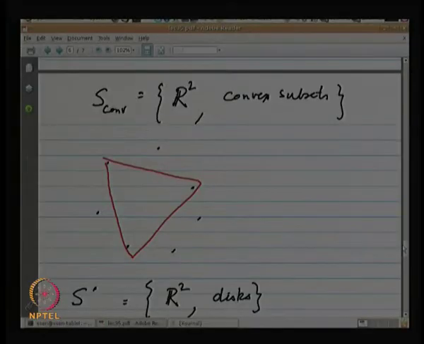So, this is an example where you do not even have finite VC dimension, right.